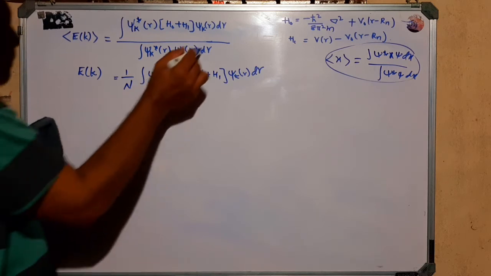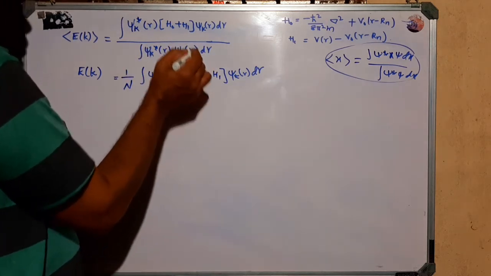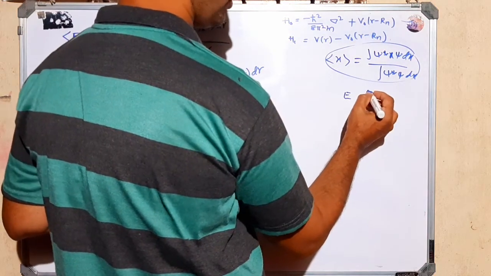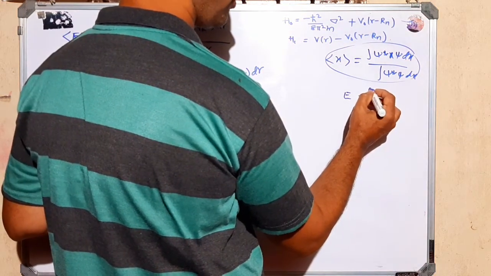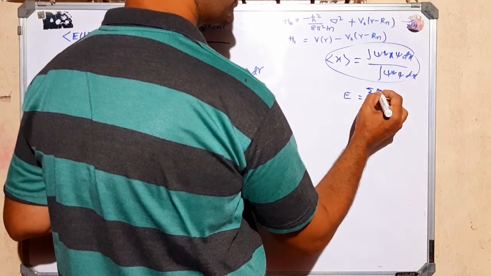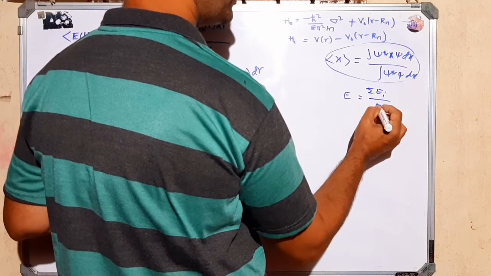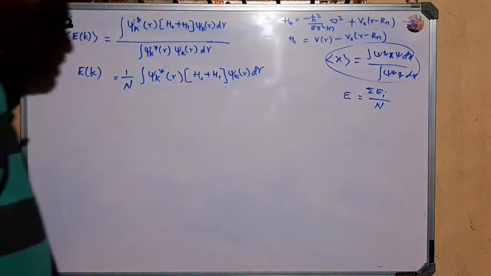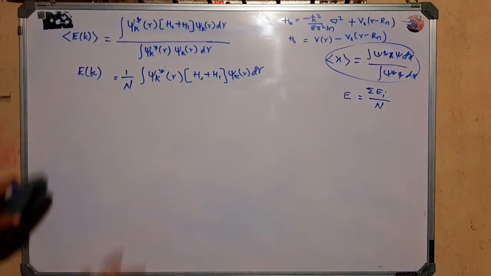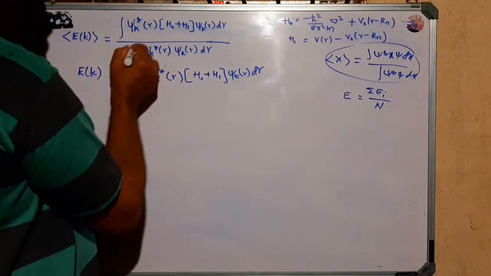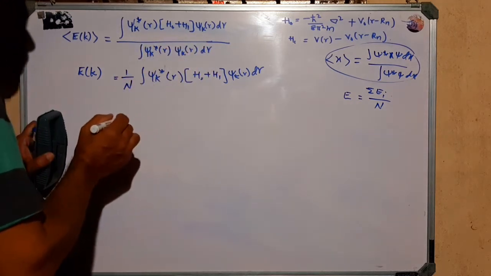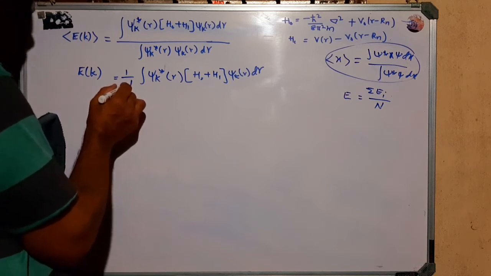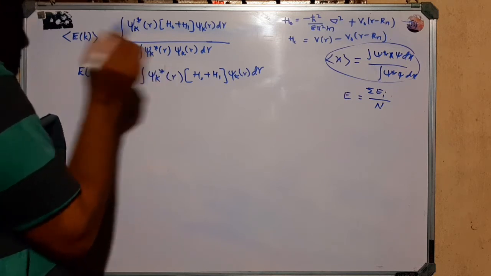Then what is in the denominator? As you know, average energy is equal to the total energy of all n electrons divided by the total number of electrons. This is our ordinary language we are writing. That means the denominator indicates the total number of electrons under consideration. Therefore I have substituted that one as N.